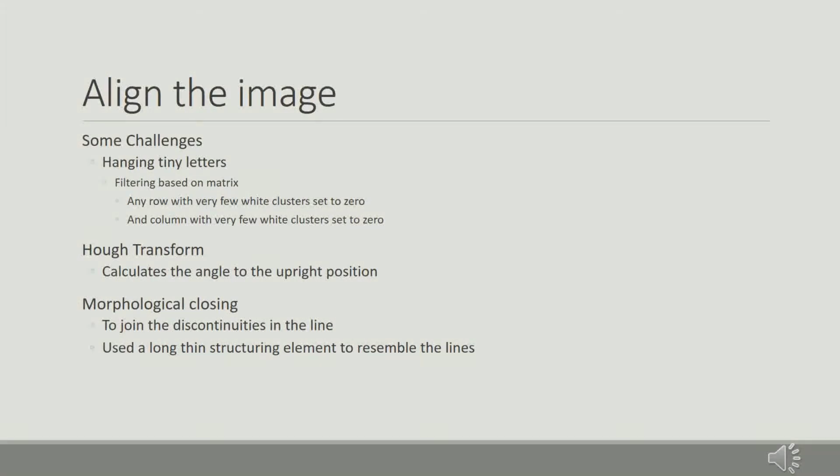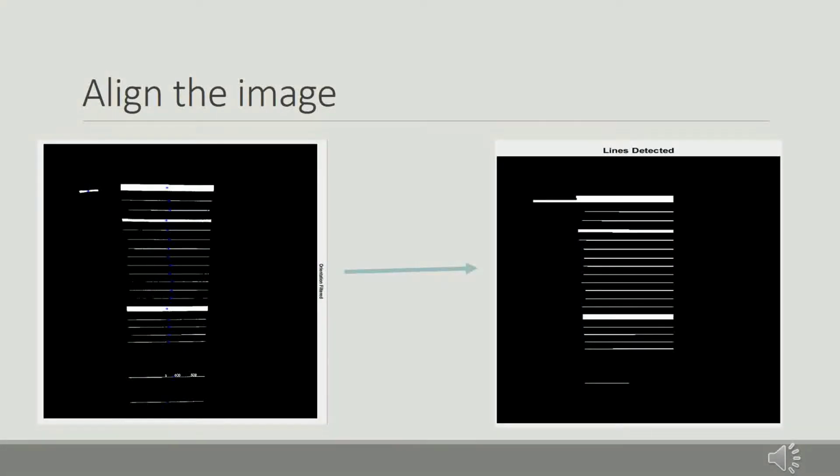We apply the morphological closing, and it will fill in those broken lines and give us solid lines which look almost identical. Yes, this is exactly what we wanted. This is the line detected output where almost all the lines seem identical to each other because of the morphological filling, and we also got rid of all those tiny letters at the end. So this is almost the perfect mask, before just a few final steps.